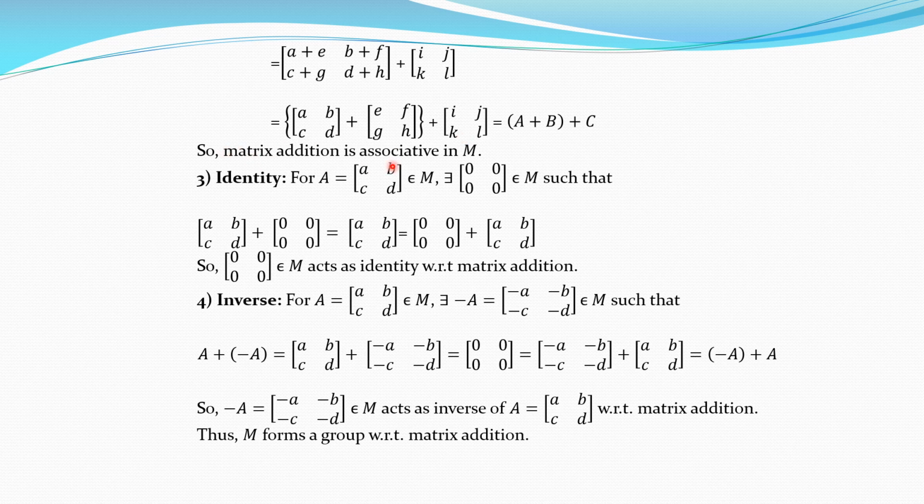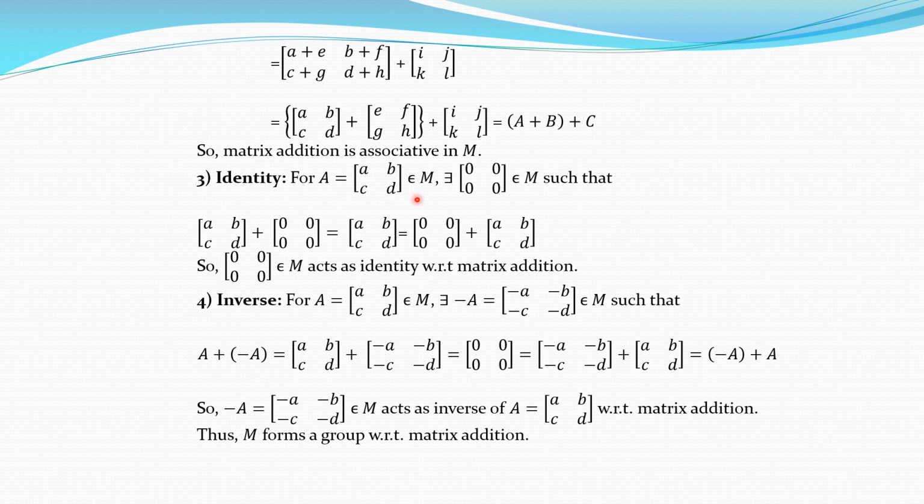Now think of the identity element. According to the definition of identity, for every element in M, meaning for every 2 by 2 matrix, say A, B, C, D in M, we must find some 2 by 2 matrix, say E, such that A plus E is equal to A. As we are doing component-wise addition, to get the same element in every entry of that matrix, we must add 0.